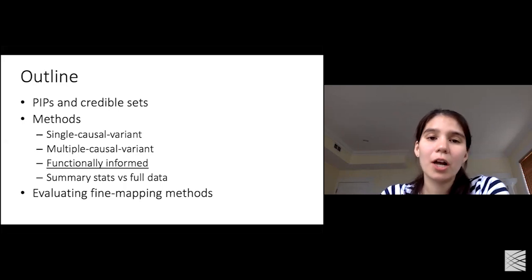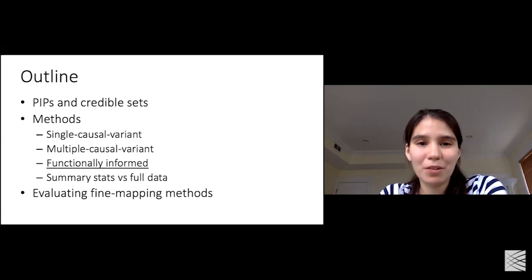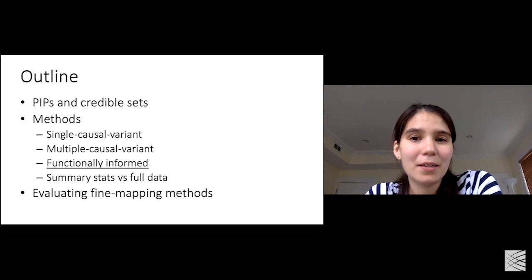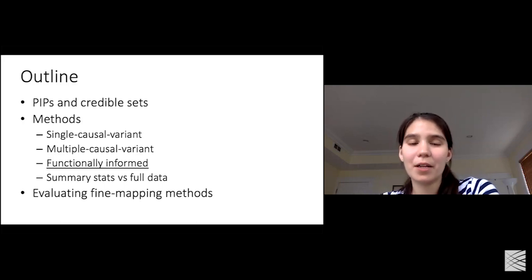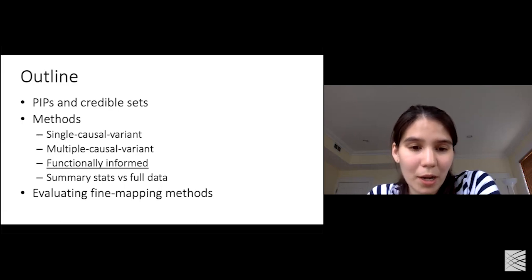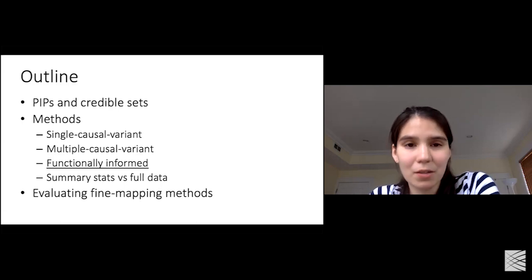Then the question is, how do you figure out what the prior should be? Some methods have the prior be a mixture of normals, or learn the prior from the data. In some cases it's shared across all variants, and in some cases it's different for different variants. That's an important point that different methods deal with differently.